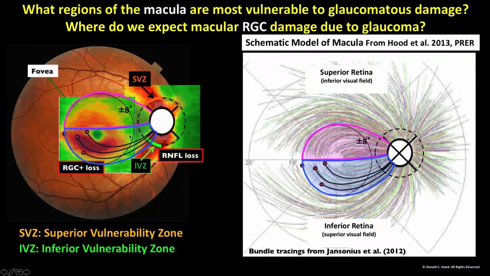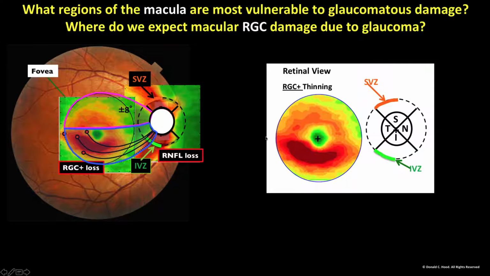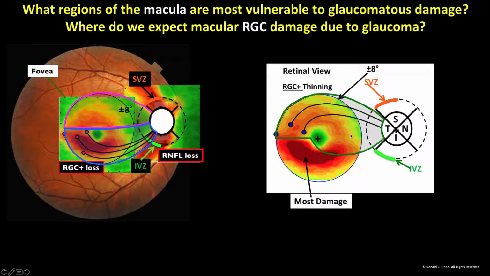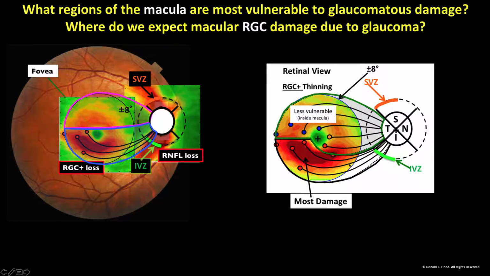Over here, these axons go right smack into the inferior vulnerability zone. We can blow this up here, plus or minus 8 degrees, most damage. This region here sends its axons into the temporal quadrant and is less vulnerable to damage. This region here sends its axons into the inferior vulnerability zone and is more vulnerable to damage. We call this region of the disc the macular vulnerability zone.